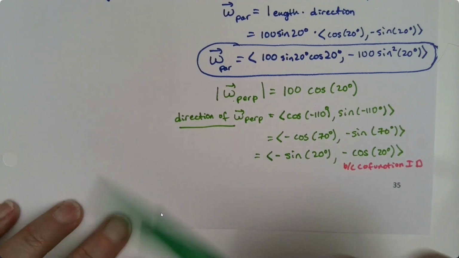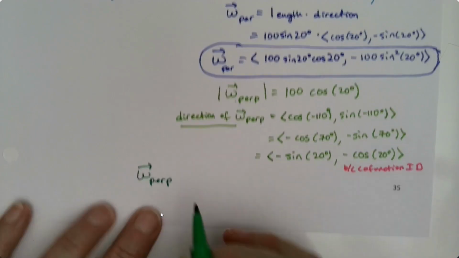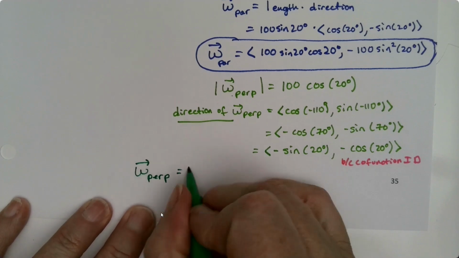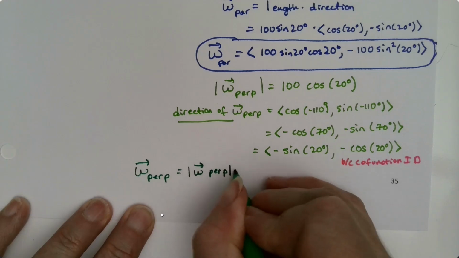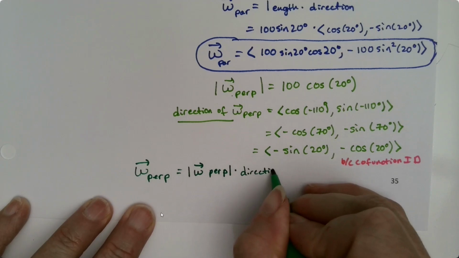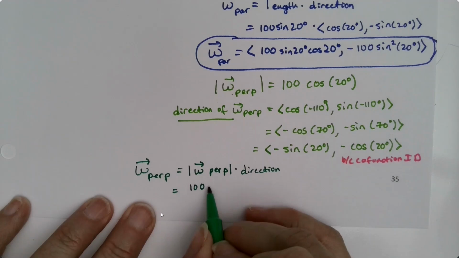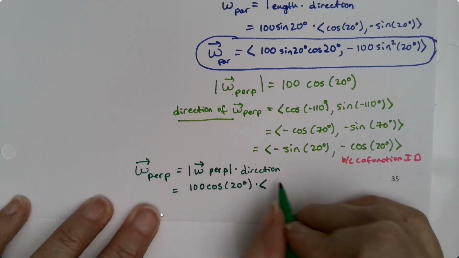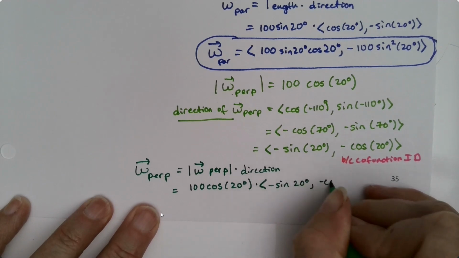So the W for the perpendicular, or the component of W in the perpendicular direction, is equal to, and we're going to do the same thing, we're going to multiply the magnitude of the perpendicular direction times the direction. So that would be 100 cosine of 20 degrees times that vector, negative sine of 20 degrees, negative cosine of 20 degrees.